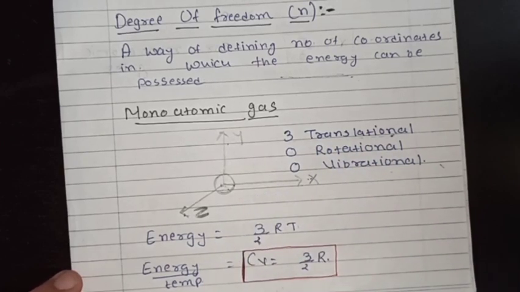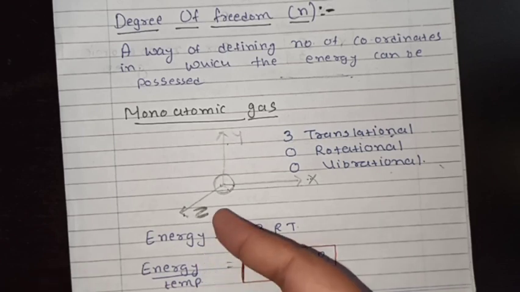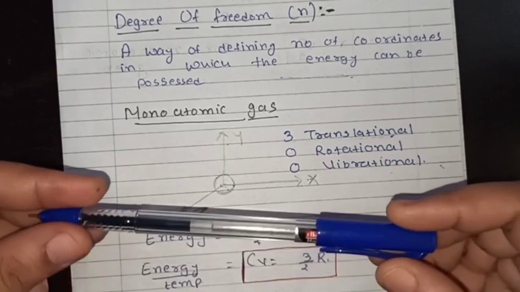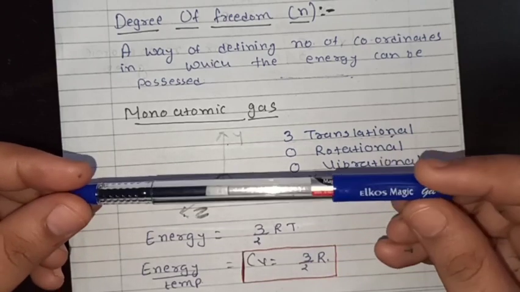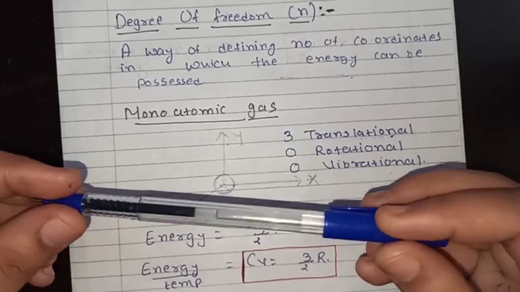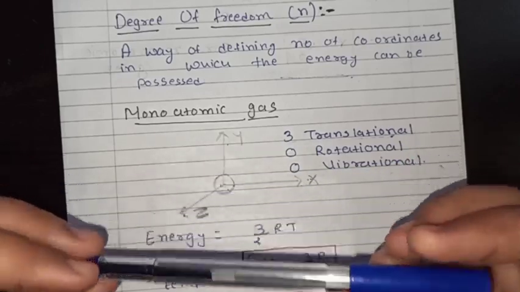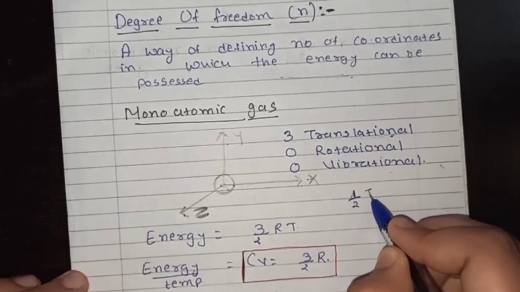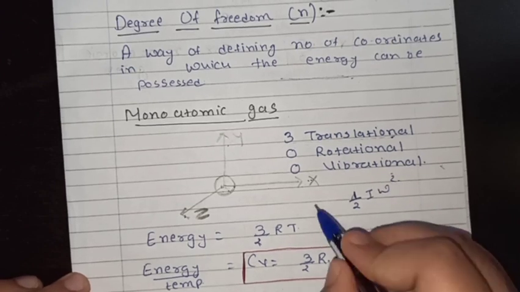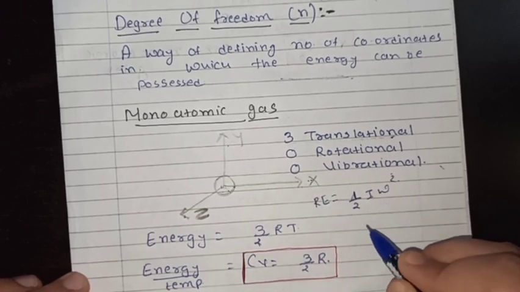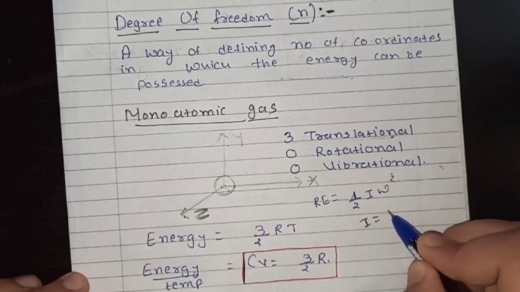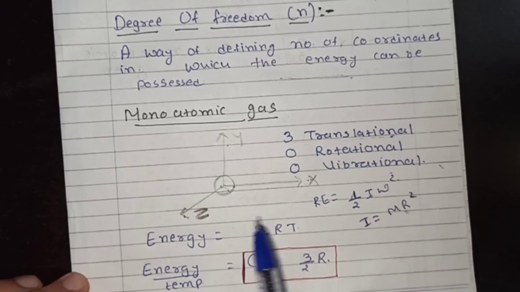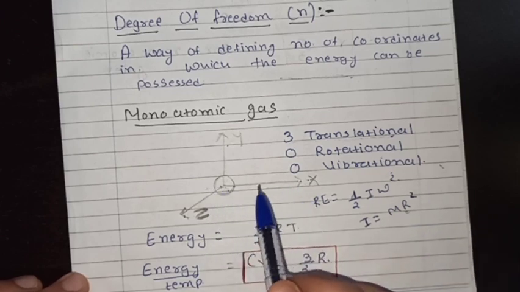Now let us talk about rotational. Let's say this atom is rotating about the x-axis, in this way. The rotational energy is given by half I omega square. I is the moment of inertia, that will be equal to something mr square. Here r is the distance from the axis of rotation.